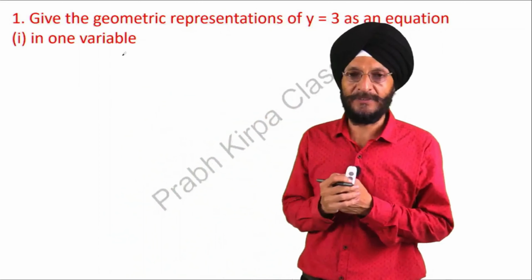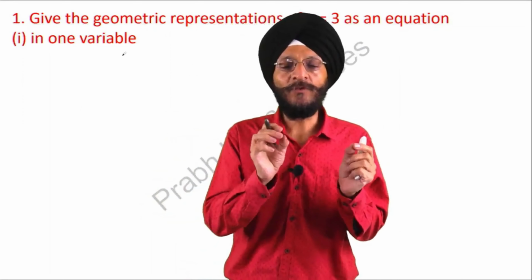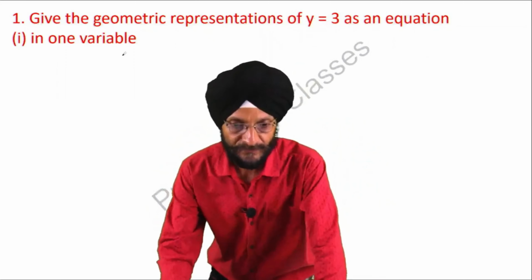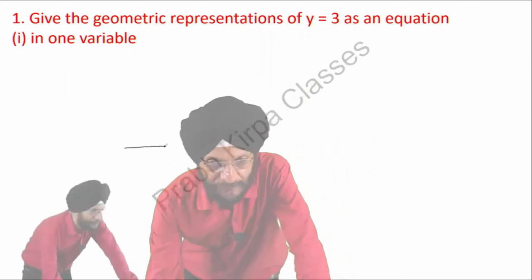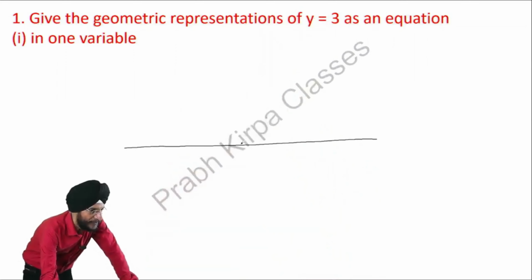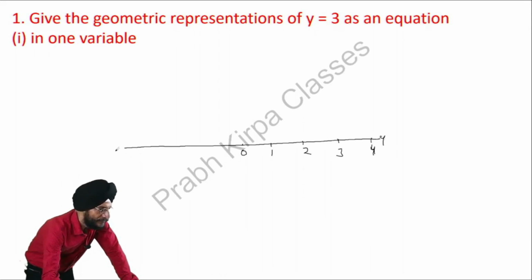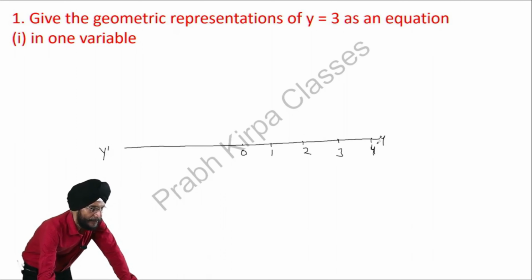So here, when we are to draw the geometrical representation of a linear equation in 1 variable, we have to draw a number line. This is the number line. Here we write 0, here 1, here 2, 3, 4. It is the y number line.